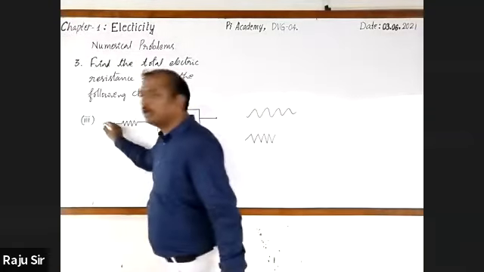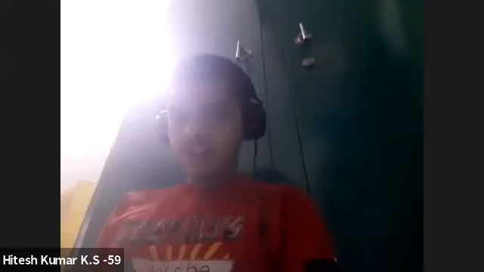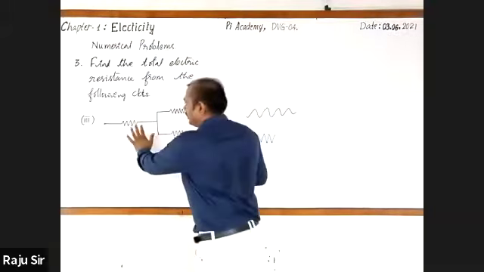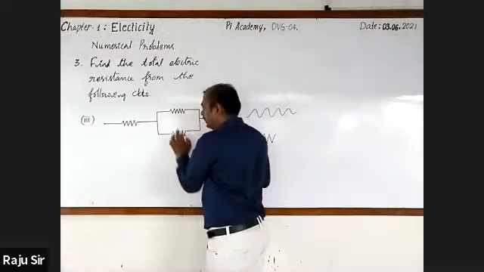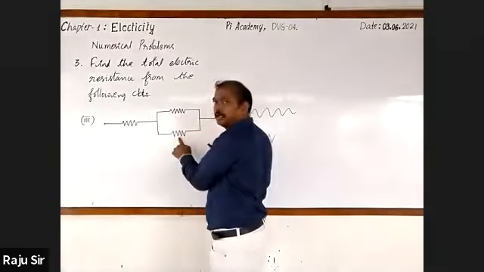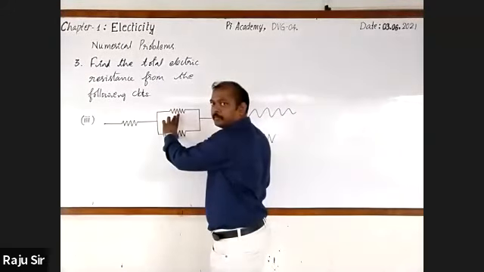Dear students, could you tell what type of connection of resistors? Mixed connection. Very good. Observe it. This is the first resistor, this is the second one, this is the third one. You can notice that the second and third resistors, these two, are connected in parallel.